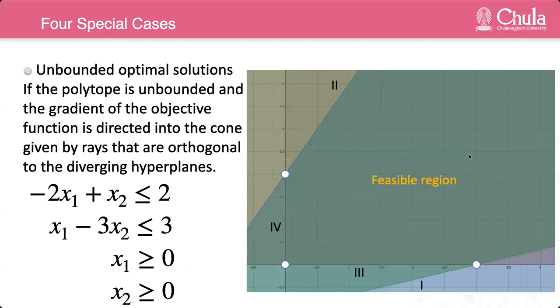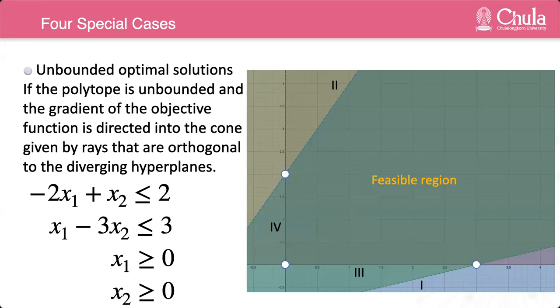Okay, we move to the next case. We call it unbounded optimum solution. In linear programming, our feasible region is a polytope, of course. And if this polytope is not a closed set, it's open this way.